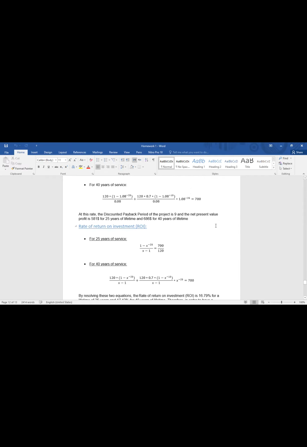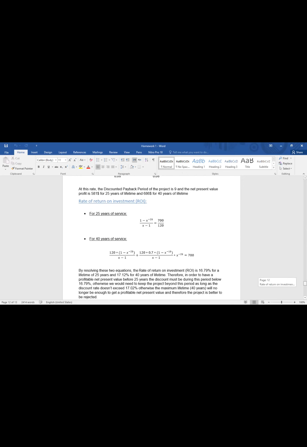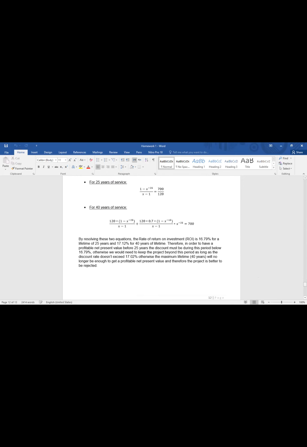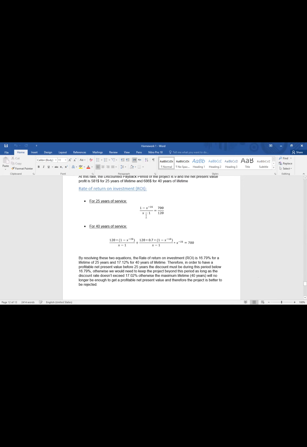Now, for the rate of return on investment, we have two equations: this one we use for 25 years, and this one for 40 years. By solving these two equations, we deduce that the ROI is 16.79% for a lifetime of 25 years and 17.12% for a lifetime of 40 years.